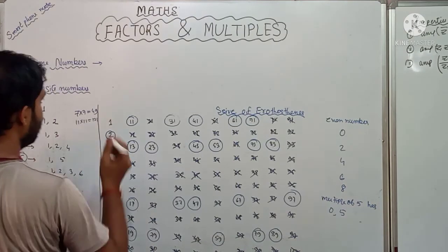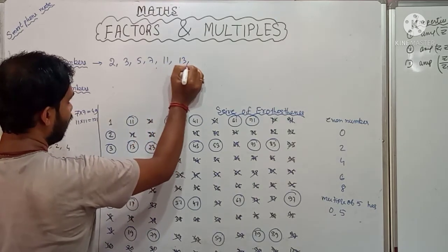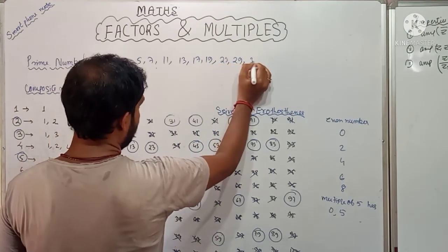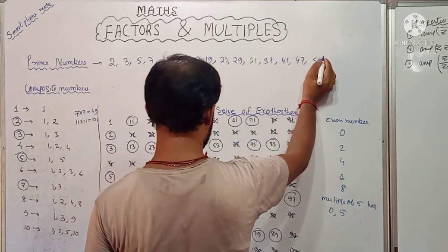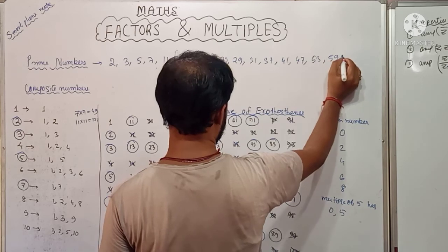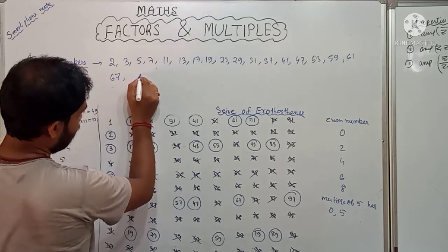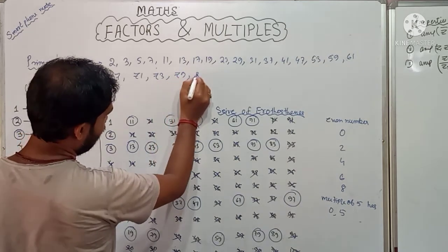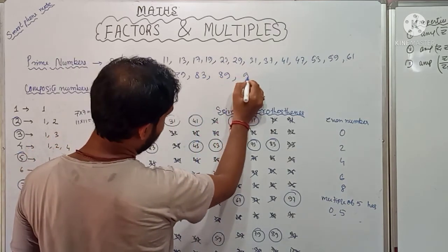So we'll write out. So it is 2, 3, 5, 7, 11, 13, 17, 19, 23, 29, 31, 37, 41, 43, 47, 53, then 59, then 61, then comes 67, then 71, then 73, 79, 83, then 89, then 97.